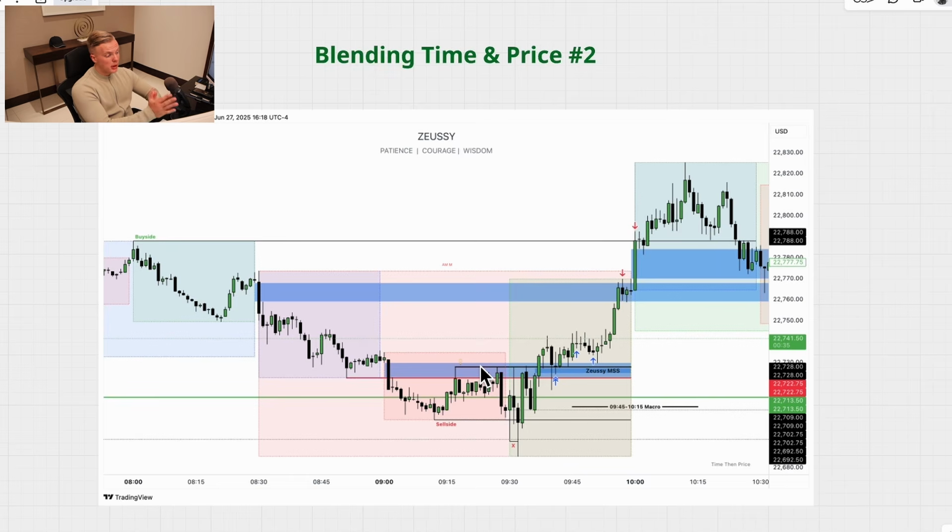Why? Because the PD arrays are literally signaling to me the underlying order flow is changing. And if you pay attention to those smaller time cycles, you will see how the time cycles are also showing you that the underlying order flow is changing from bearish to bullish. Why? What you can see is that at 9:30 a.m. the market reprices below this previous 30-minute cycle low, the low of this consolidation.